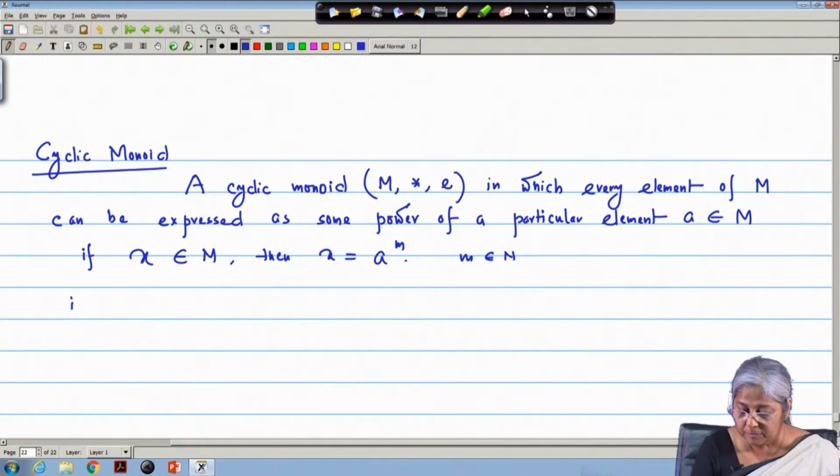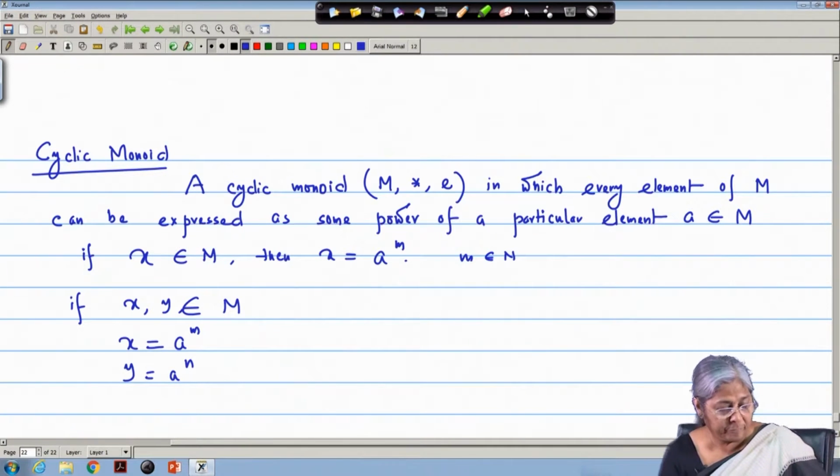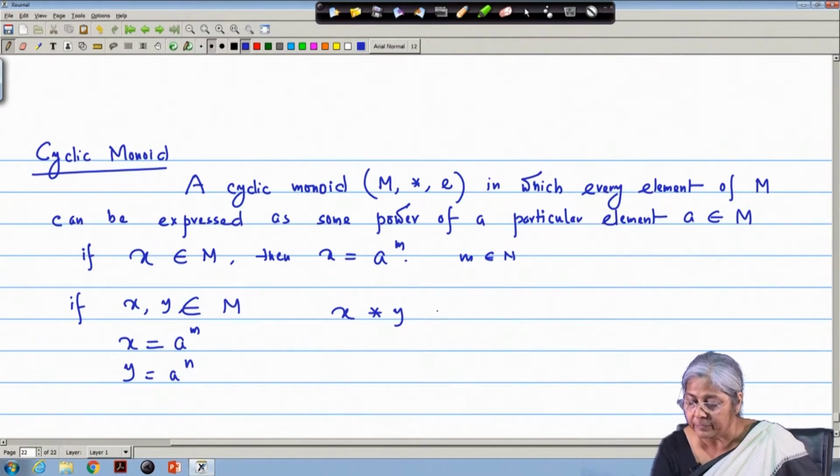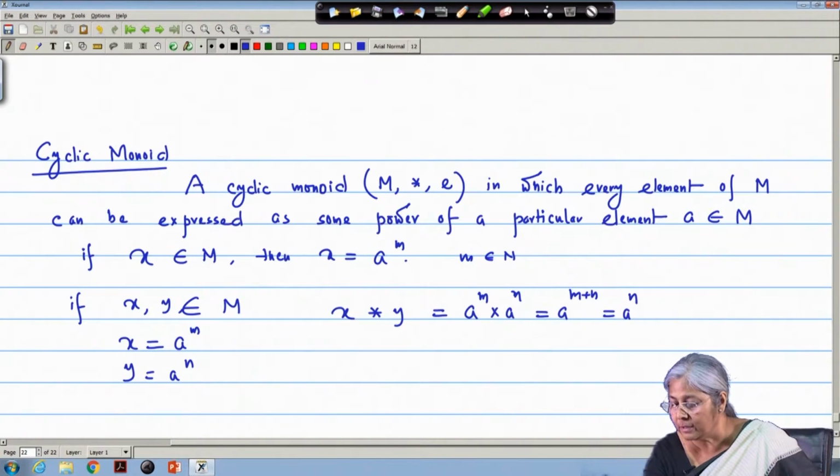Now, if x and y are two elements that belong to M, then we can write x equal to a to the power m and y equal to a to the power n. Then x star y, that is a to the power m into a to the power n, is a to the power m plus n, which is a to the power n into a to the power m.